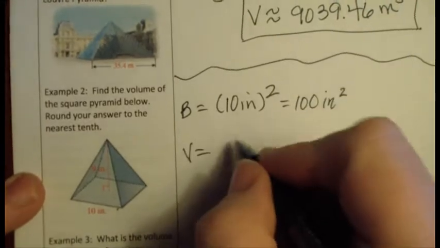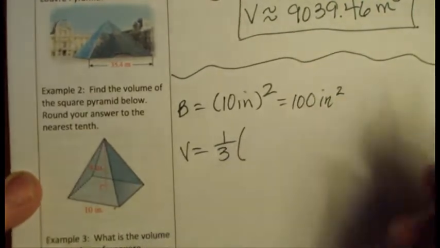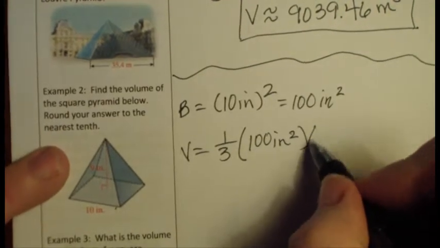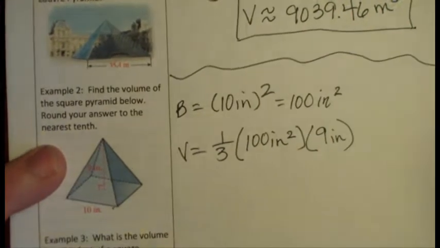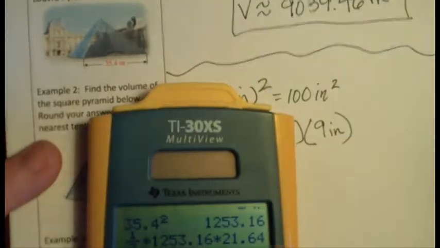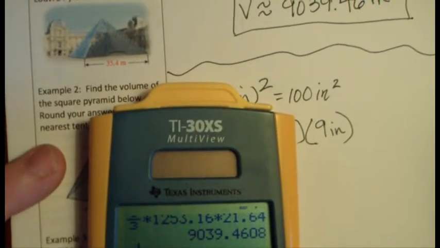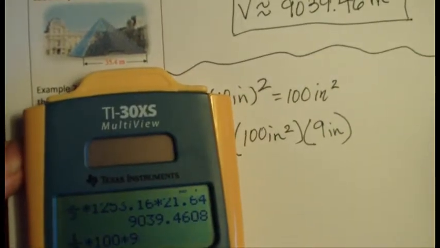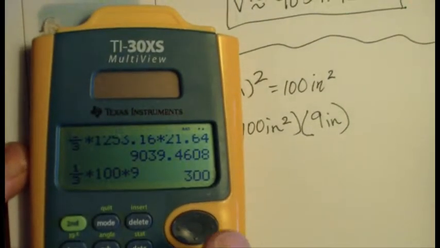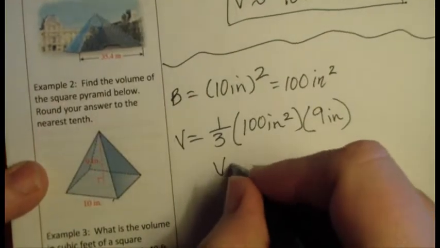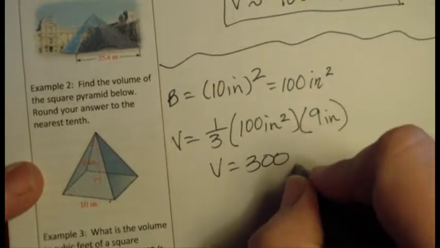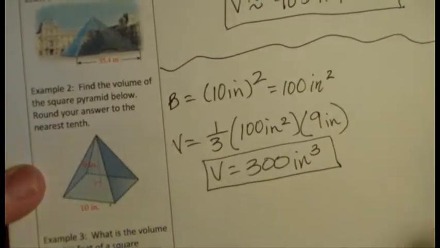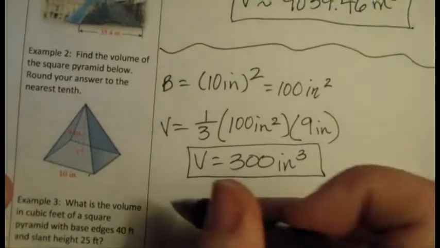So our volume, 1/3 base area, times the height, which is 9 inches. So 1/3 times 100 times 9, we get 300. So our volume is 300 inches cubed. Easy peasy.